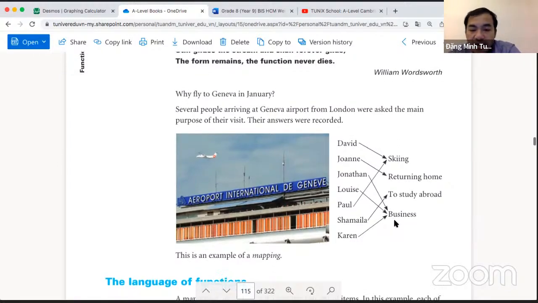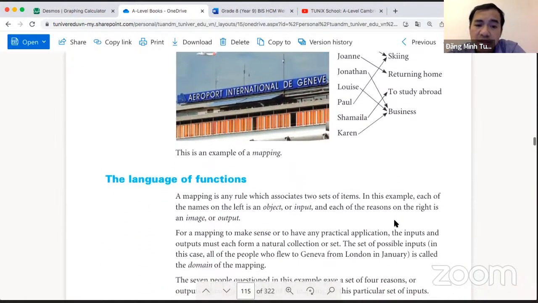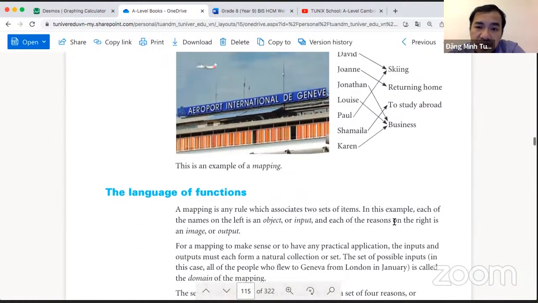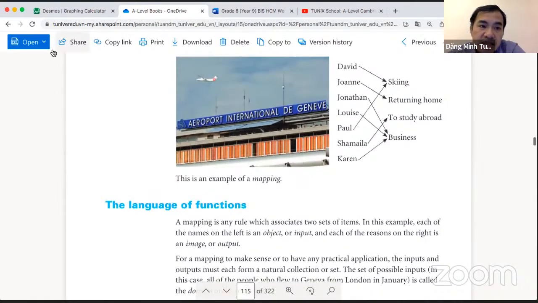Okay, so here the left-hand side is the people, the right-hand side is the goal, right? So the example of the mapping just means this person with the goal, we can match them together. And the language of function is similar.